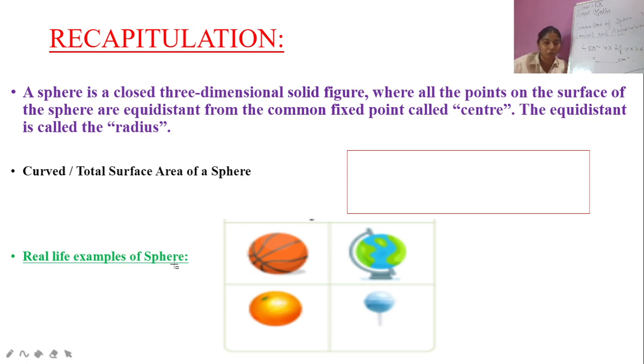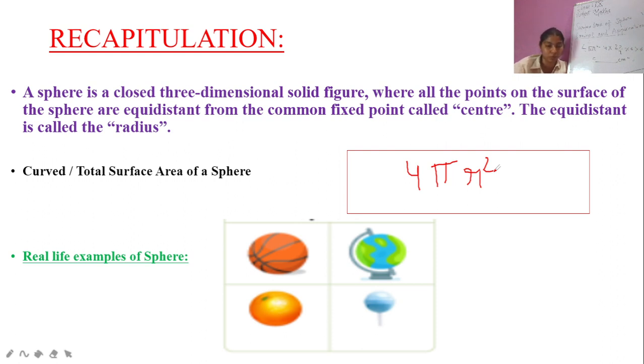And if we talk about the total and curved surface area of a sphere, that is 4 pi r square. So this is the total as well as curved surface area, because we know that a sphere has only one surface, which is curved. So for both total and curved, we have only one formula, that is 4 pi r square.